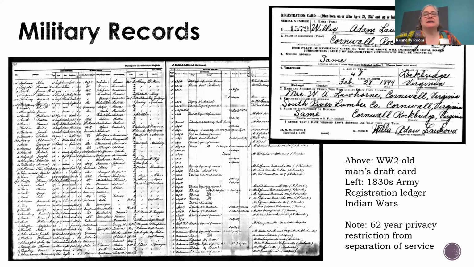But it will tell next of kin. So Mrs. W.A. Lawhorn, thanks. She had a name. She was Laura Susan Shoemaker Lawhorn. Lived in Cornwall, Virginia. His employer was South River Lumber Company. And so you get good stuff.